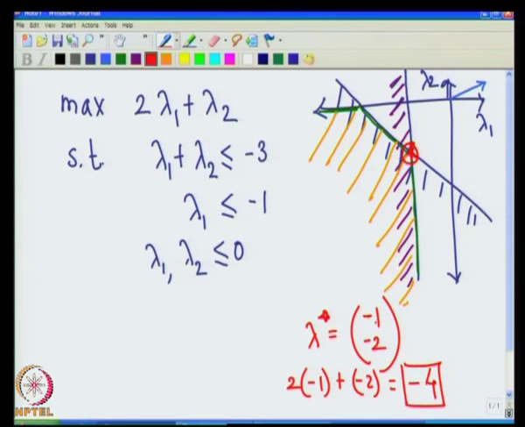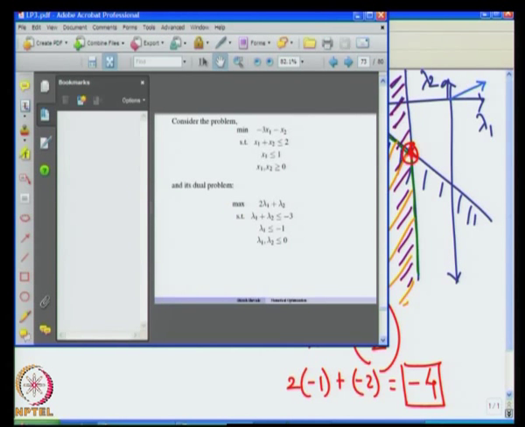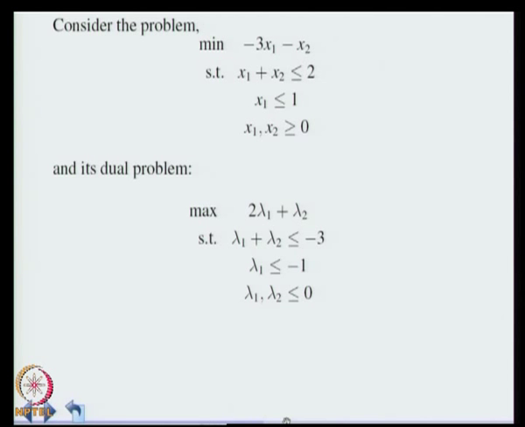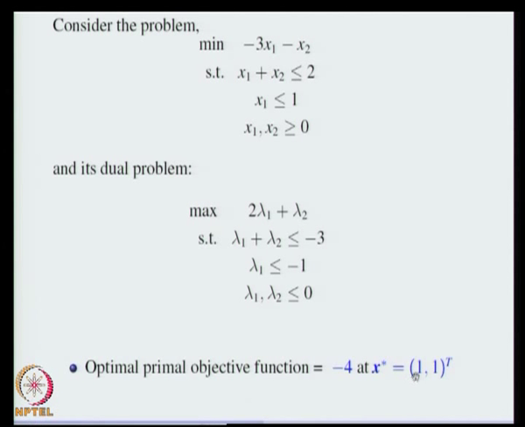So, lambda 1 star is minus 1 and lambda 2 star is minus 2, and the optimal objective function value is minus 4. And if you recall, we got the same objective function value when we solved the corresponding primal problem earlier. So, the optimal primal objective function value that we saw earlier was minus 4, and by solving this problem graphically, we also found that the dual problem has the optimal objective function value of minus 4.